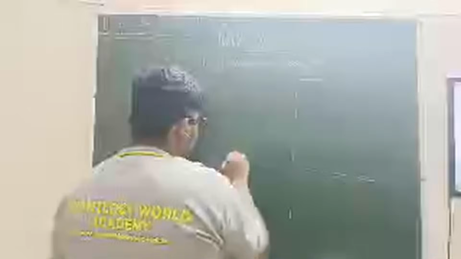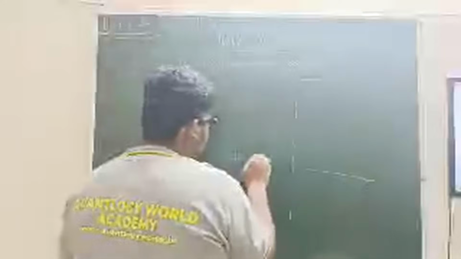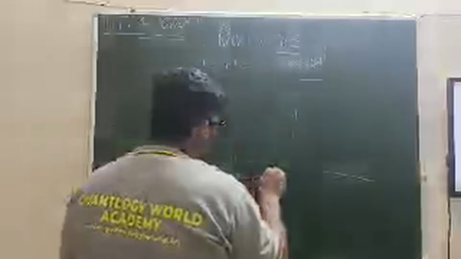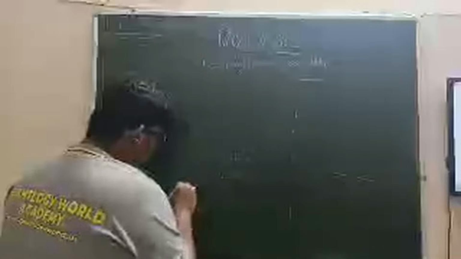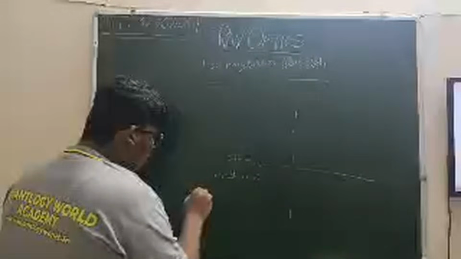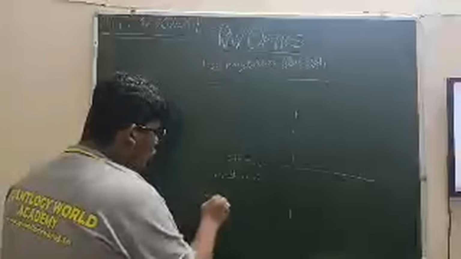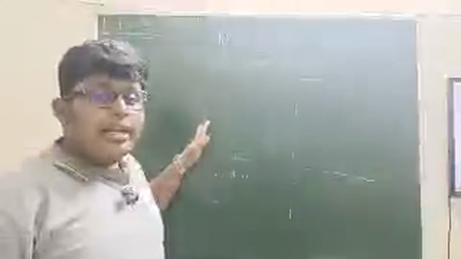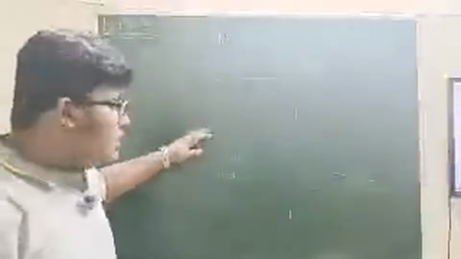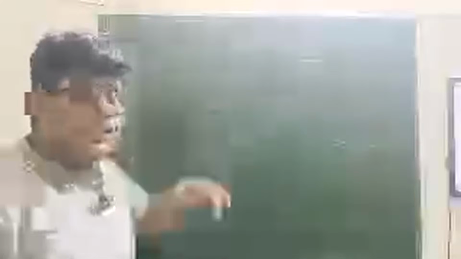If this is medium 1 and medium 2, if the refractive index of medium 1 is greater than mu 2, then medium 1 is called the optically denser medium, which has more density.